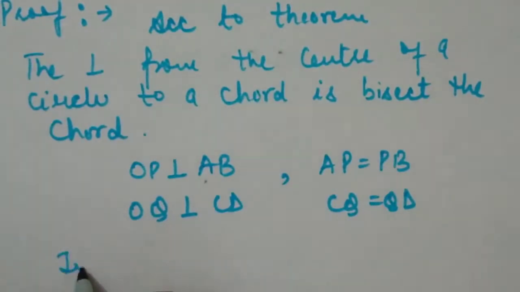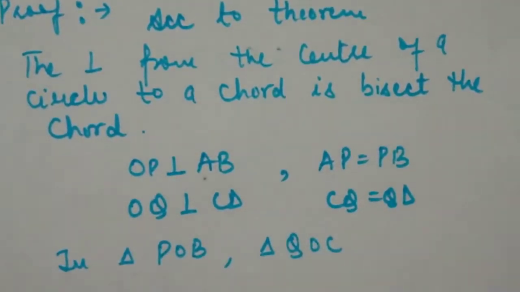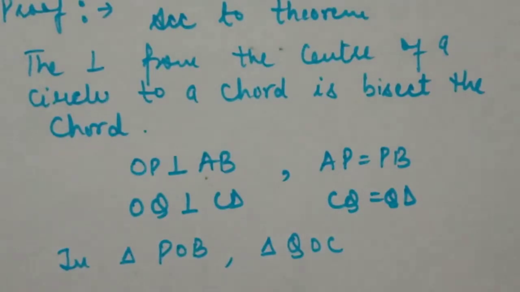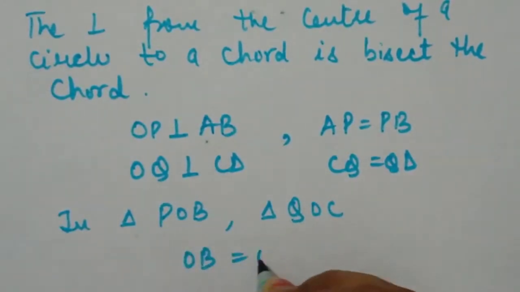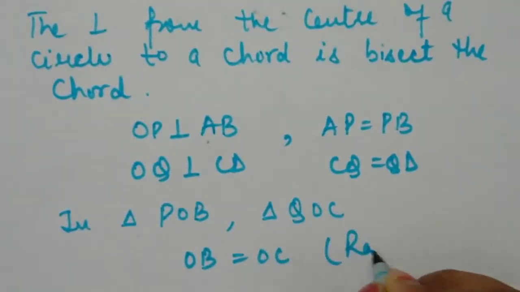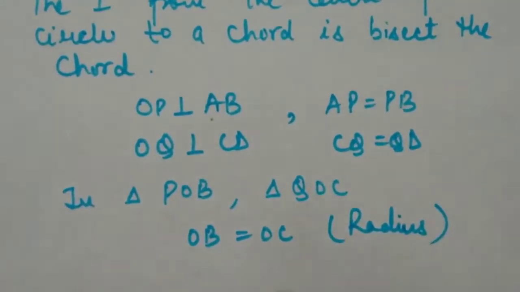Now in triangle POB and triangle QOC, we have three elements. First one is OB is equal to OC, radii of the same circle.